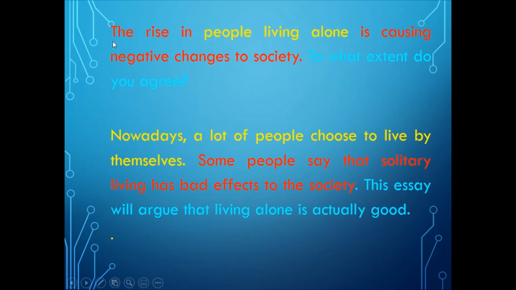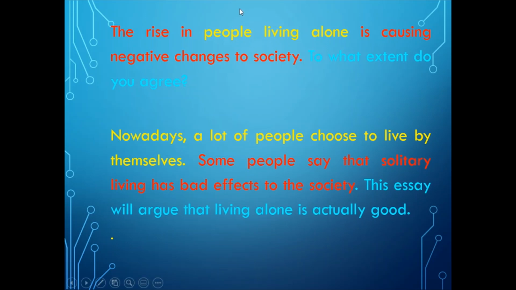Okay, so the rise in people living alone is causing negative changes to society. To what extent do you agree? Maybe you'll tell me we only have 2 sentences here. Earlier, we saw 3 sentences in the question. All right, but now we have 2 sentences.